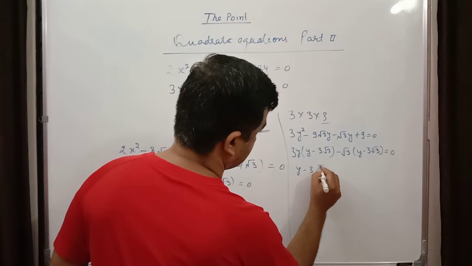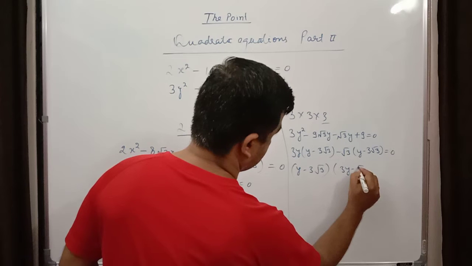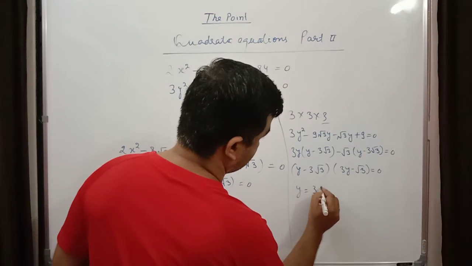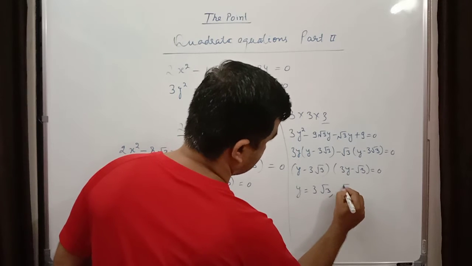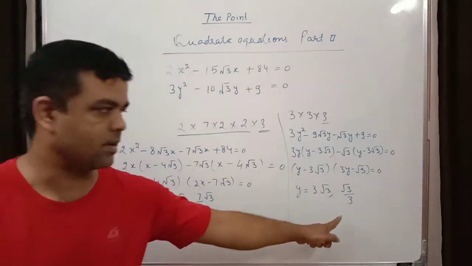Y minus 3 root 3, 3y minus root 3 is equal to 0. So the 2 roots of y will be 3 root 3 and root 3 by 3. Okay, these are the two roots of y.